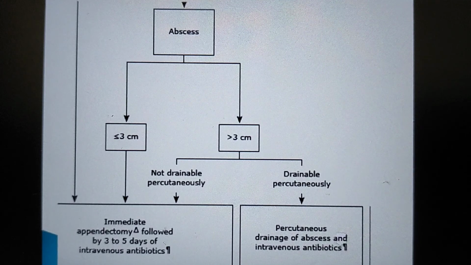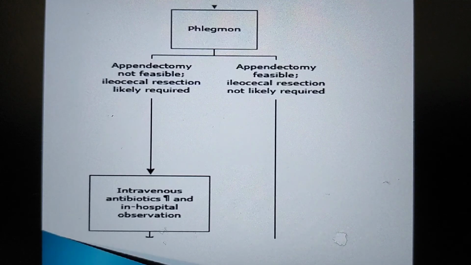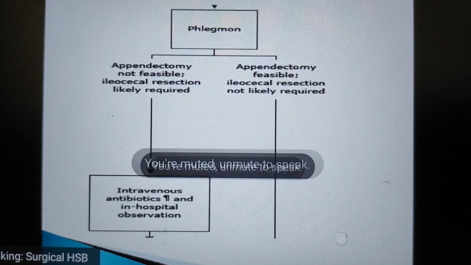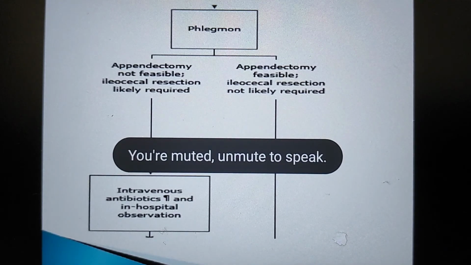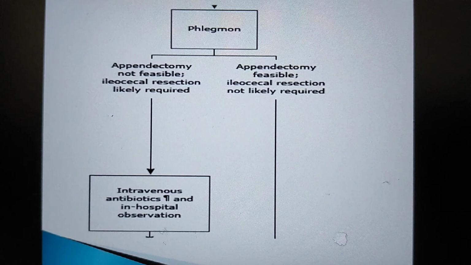Or we can drain the abscess, give antibiotic, and see the condition after we drain the abscess. If there's an appendicular mass, we have to see whether appendectomy is feasible in the patient. If it is not feasible, we may proceed with ileocecal resection and give IV antibiotic while the patient is in hospital. If appendectomy is feasible, we may proceed with appendectomy.